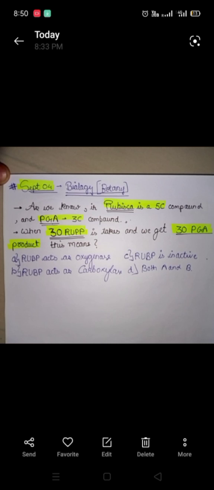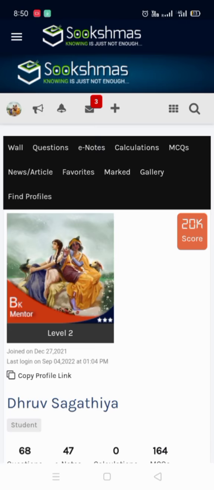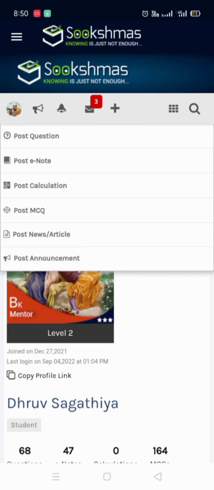So this was the MCQ which I am talking about, that I have modified from the concept over there. I am now going to post this MCQ in the Beyond Knowing section. So I will open it over here, and here I have a plus sign. I will click it, and go to the section Post MCQ.